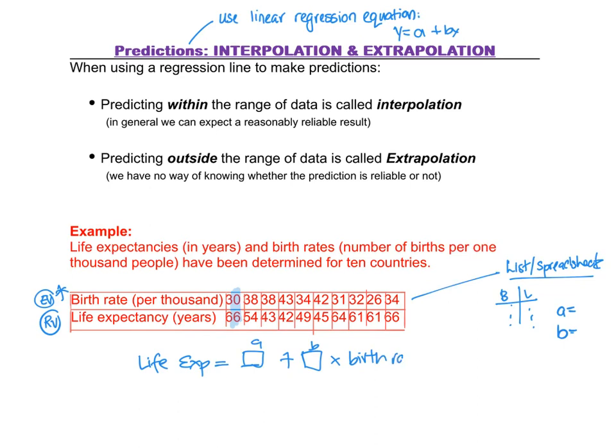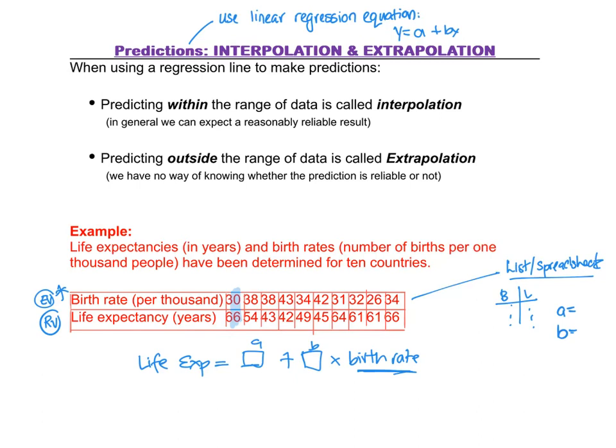So if I said, what happens if a country had a birth rate of 39, you would then pop 39 into this formula, where you see birth rate, you write times 39, and you'd work out the life expectancy. Okay, so that's a prediction when you use your equation to predict.